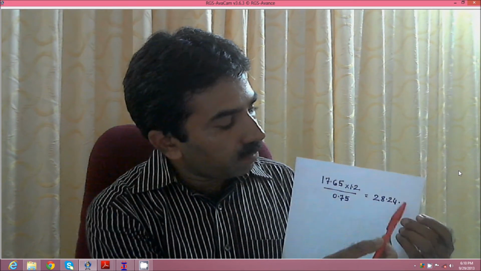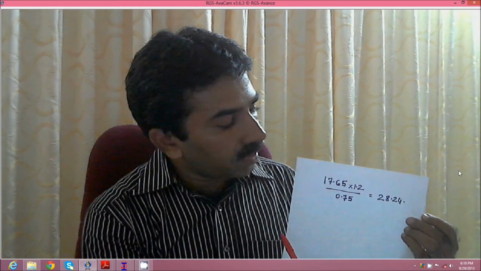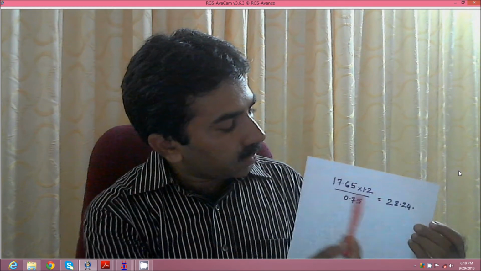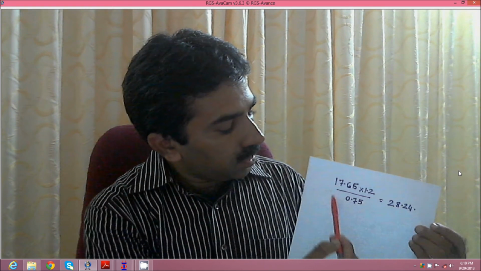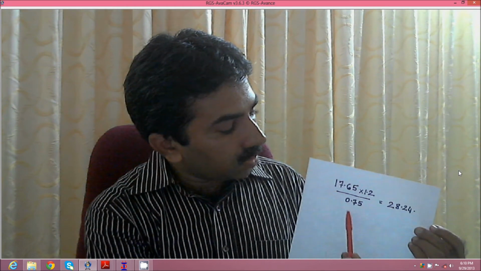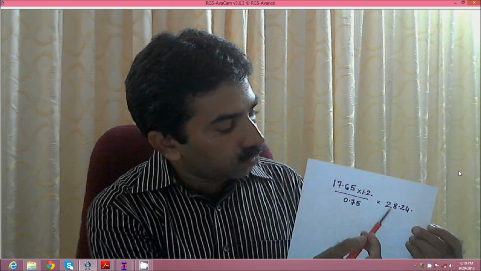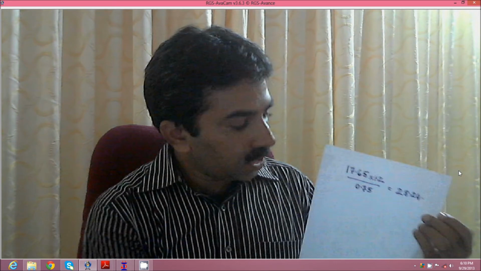So 28.2 is the slenderness ratio. Effective length and the lateral dimension of the column give us the slenderness ratio. Of course, this is greater than 12, and hence this is a long column.